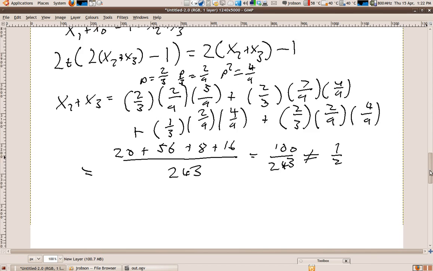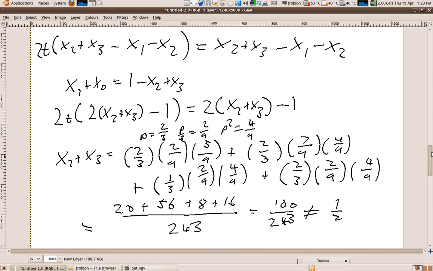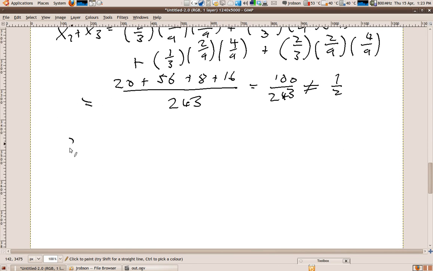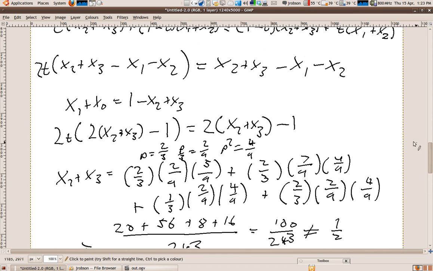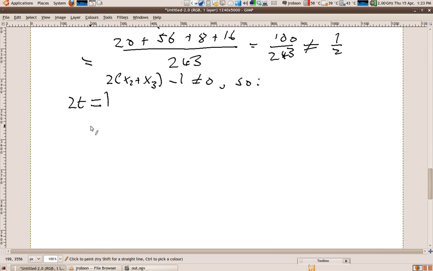So in other words, in this thing, we can safely divide out. And so we can have 2t equals 1. Hang on, 2 times x2 plus x3 minus 1 does not equal 0. So 2t equals 1 because of this thing we've got here, and so t equals half.